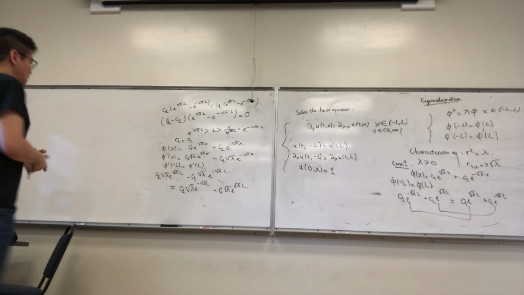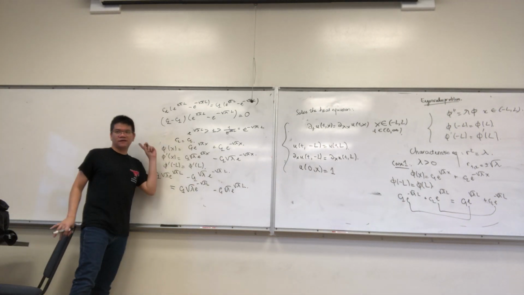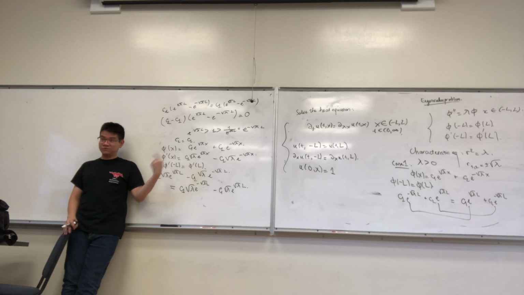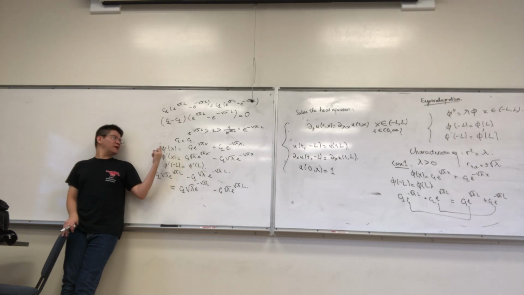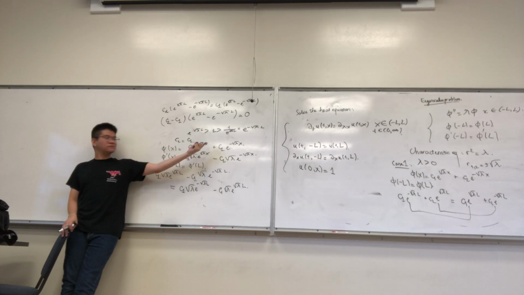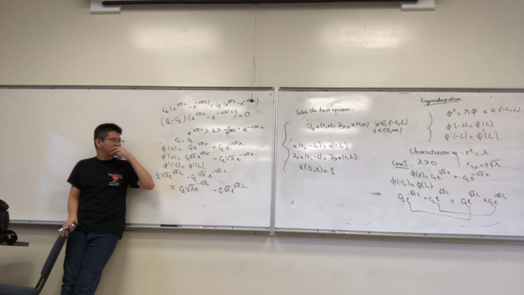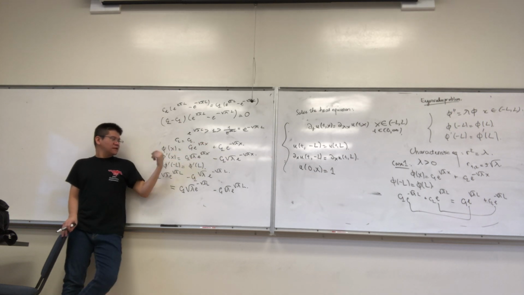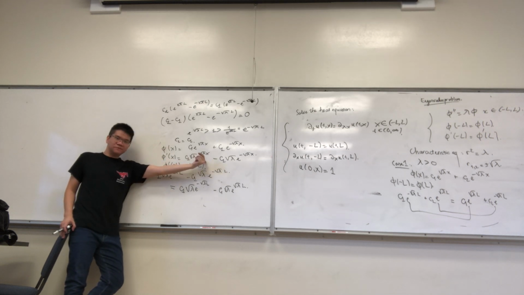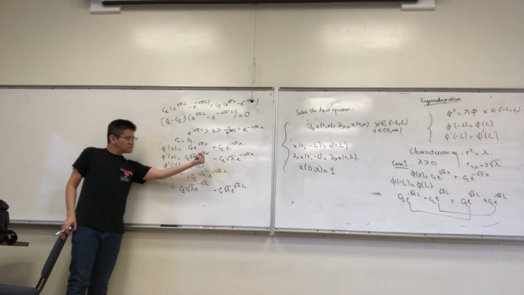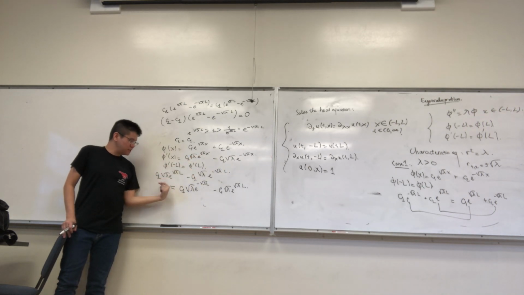So after I found that C1 is equal to C2, I plug it back into the equation for phi. So I have phi x is C1 e to the square root of lambda x plus C1 e to the minus square root of lambda x. Now I have to take the derivative because I gotta use the second boundary condition, right? So when I use the second boundary condition, I end up with this equation.